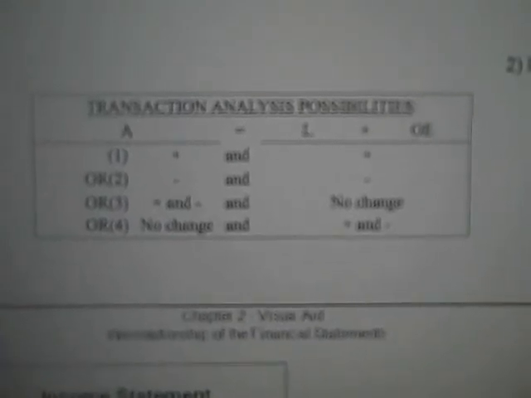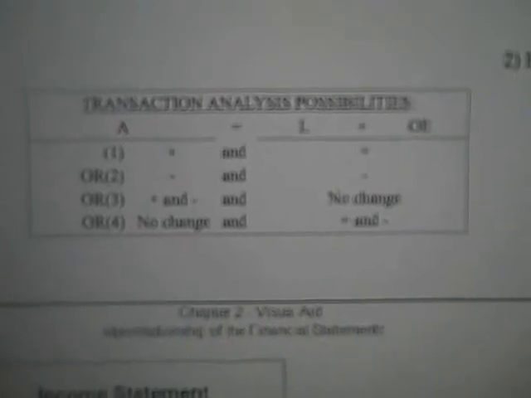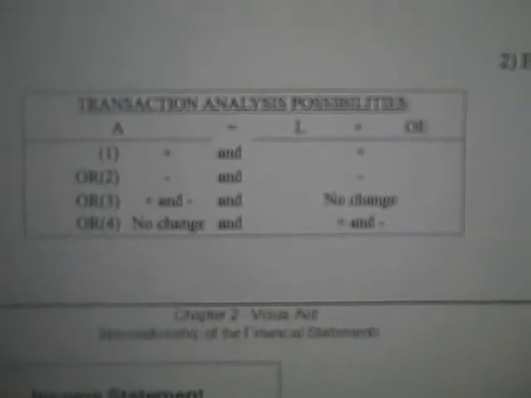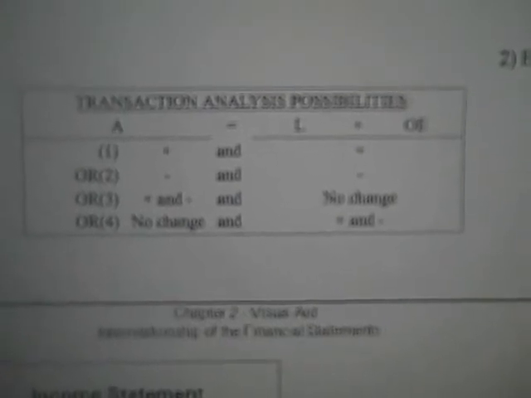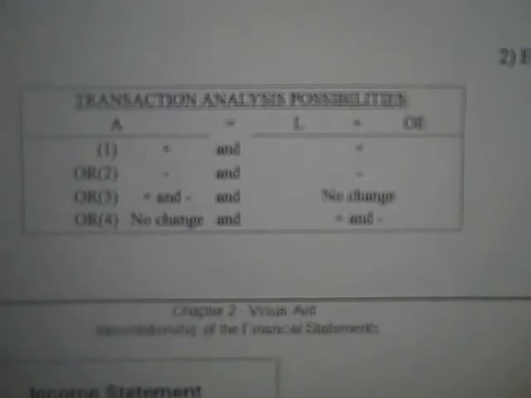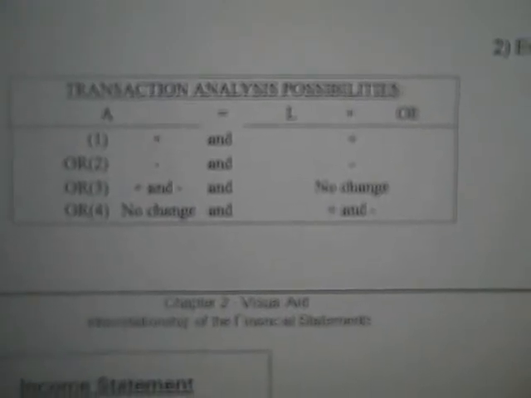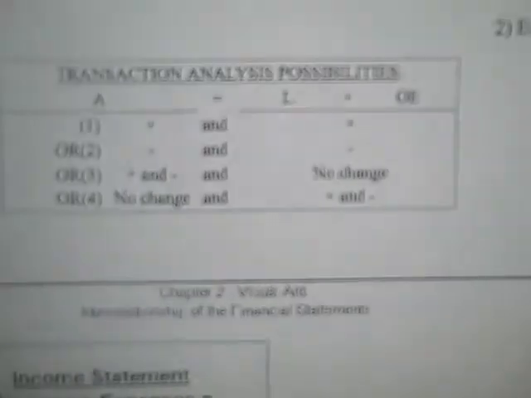So now you can start to get a little bit better feel of what starts to go on in our transactions. Now we're going to be discussing during our semester accounts that are going to be considered asset accounts, liability accounts, owner's equity accounts, or then we're going to toss in revenue as well as expense accounts.